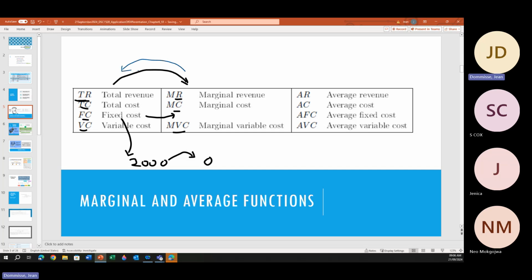So in integration, we're going to get the marginal revenue, and we will need to work out the total revenue. So that is still coming, but we will then again use this graph just to show that differentiation goes one way, integration goes the other way.